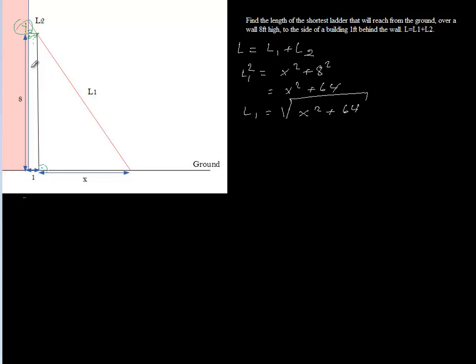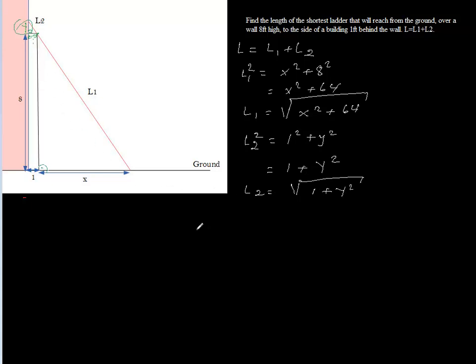The same way we can find L2, but in L2 we can say that L2 squared is equal to 1 squared plus y squared, and it is equal to 1 plus y squared. So L2 is equal to square root of 1 plus y squared. But in this problem we don't know y.